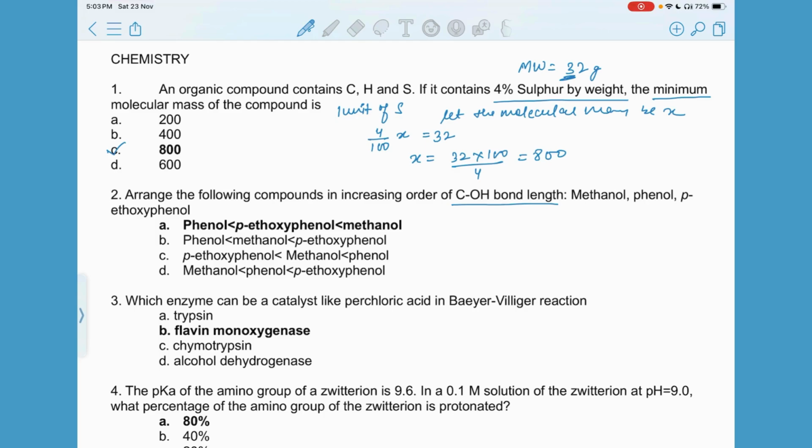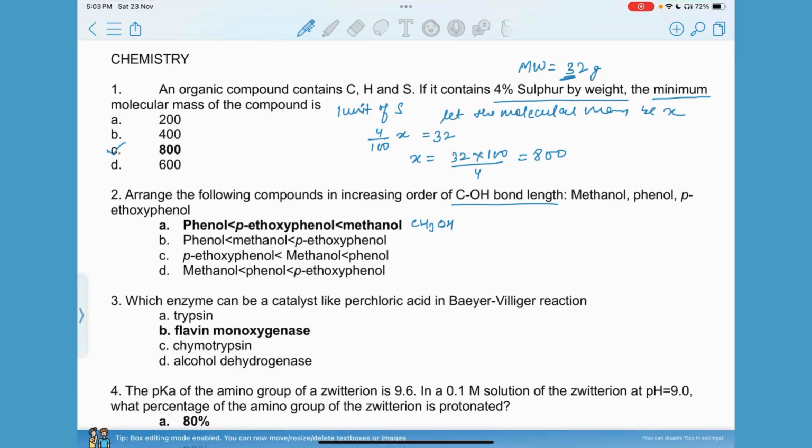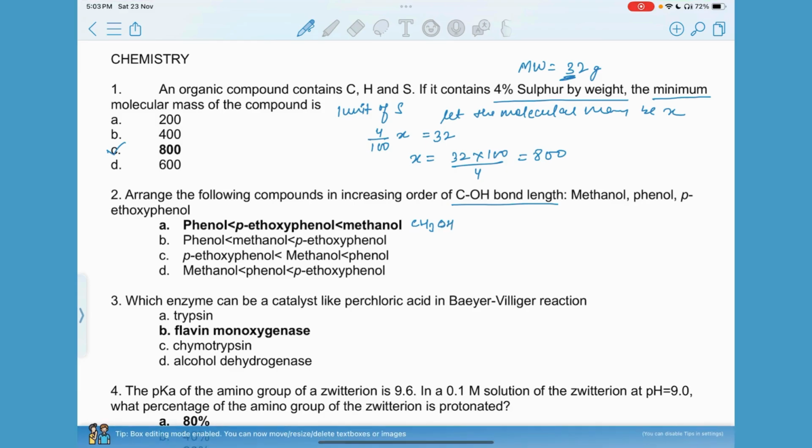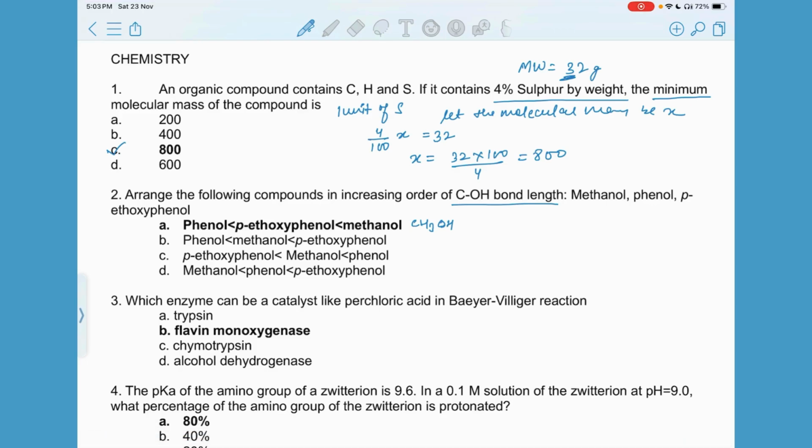Let's consider the para-ethoxyphenol and methanol. For the methanol, we have CH3OH. The C-OH bond is influenced only by the electron donating inductive effect of the methyl group, which is relatively weak.